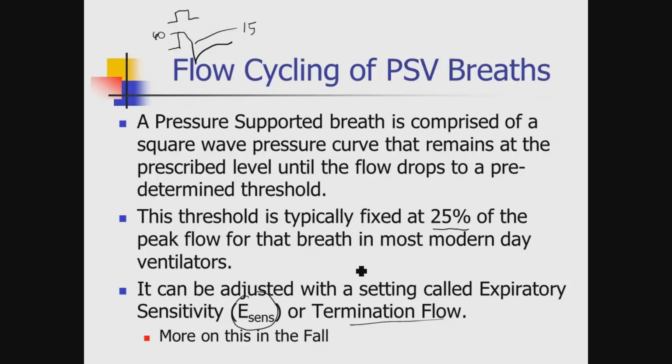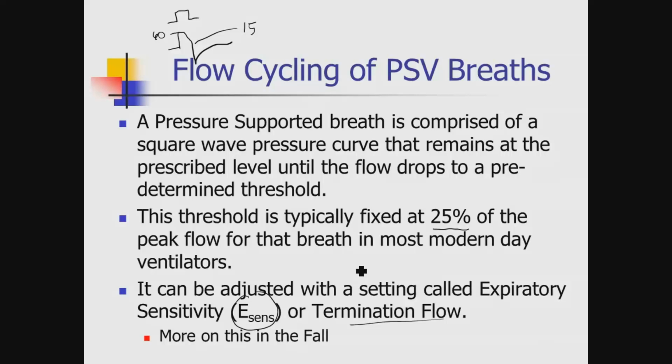Okay. So a pressure-supported breath is a spontaneous breath that has the tidal volume boosted by applying a small amount of pressure, small amount of delta. It's started by the patient, and it ends when the patient's inspiratory flow rate drops down to a preset threshold.